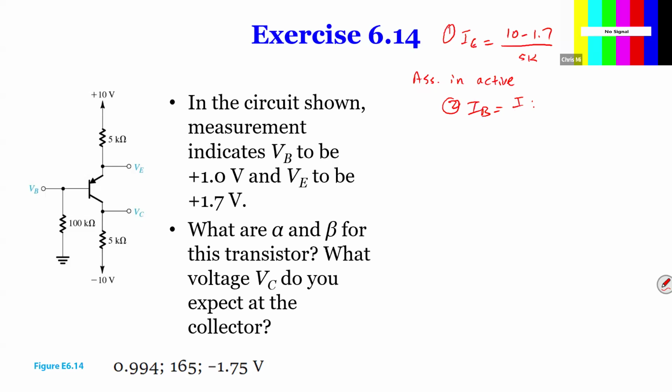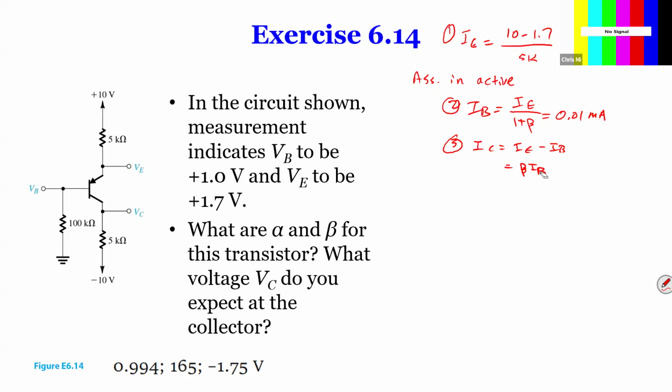IB is IE over 1 plus beta, that equals 0.01 milliamps, and IC equals IE minus IB, or alpha times IE, or beta times IB, but we don't know beta, so we couldn't use that equation.